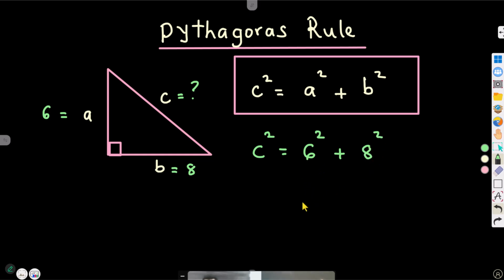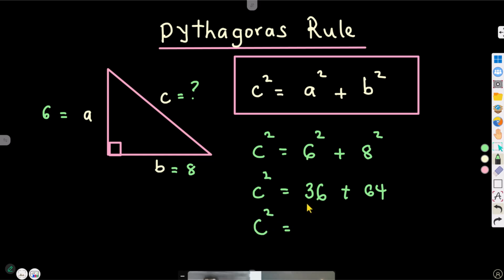Good. So we need to simplify this to get to C. So here it becomes C squared, and 6 squared is 36, and 8 squared is 64. Of course, C squared still remains on the left.